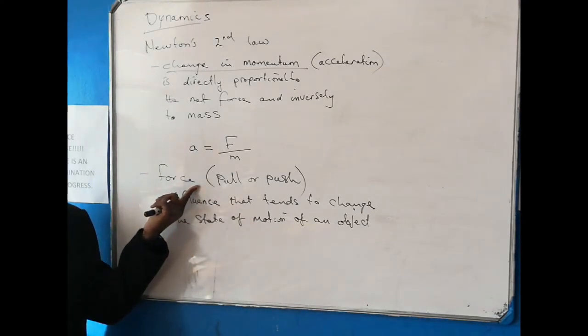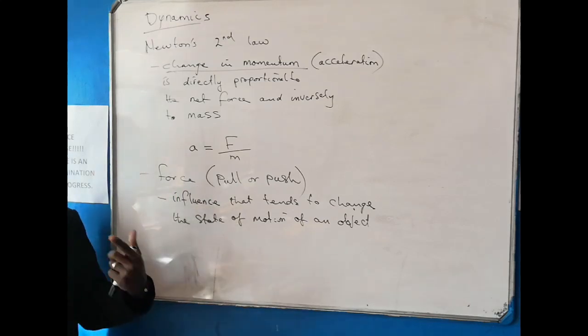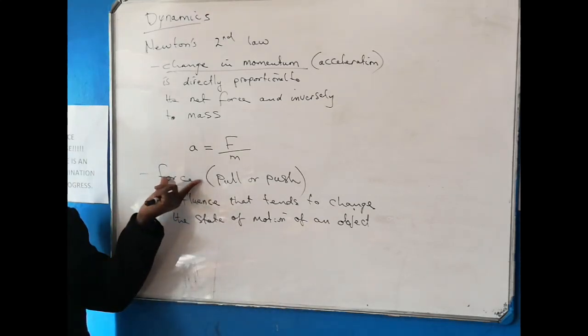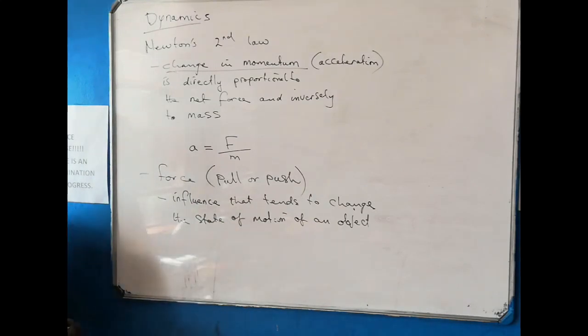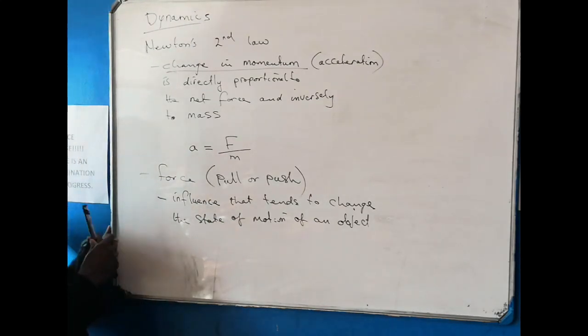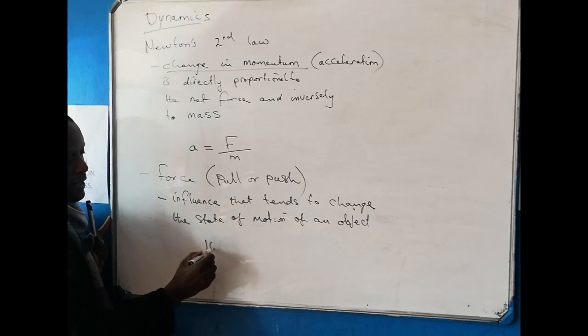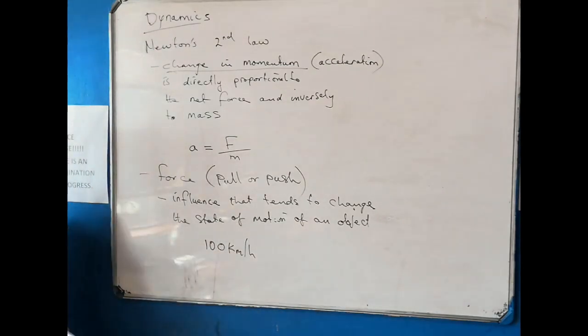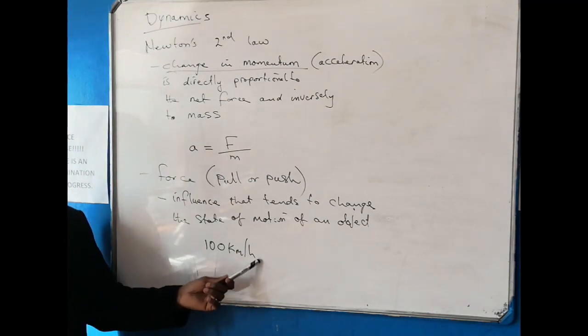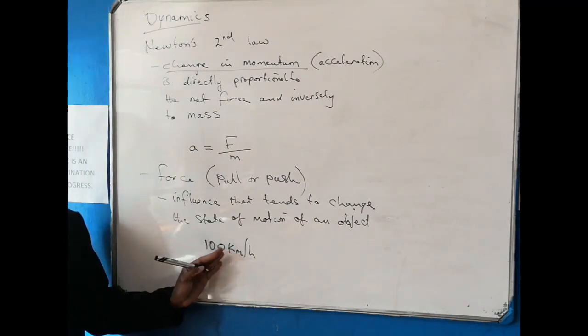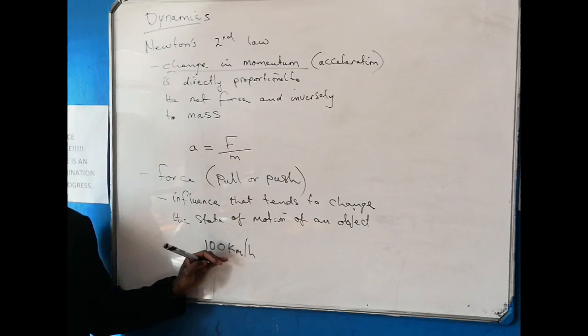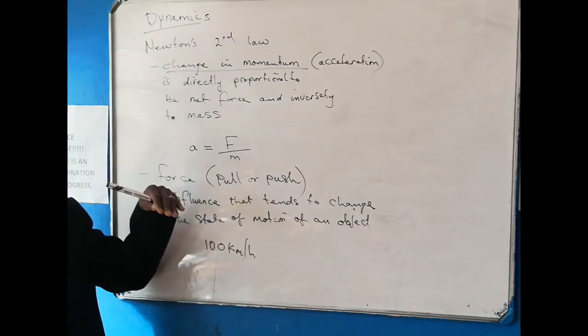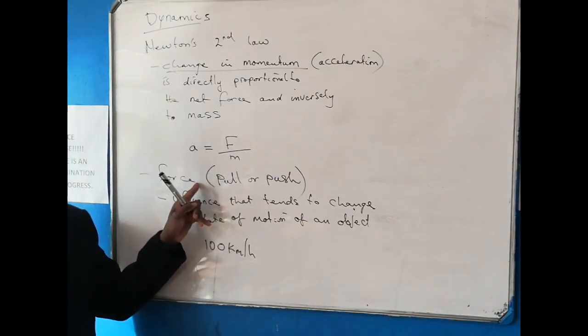Yesterday we were looking at torque, a rotational force. The engine produces a rotational force, the vehicle moves. Now, sometimes the vehicle can be moving at a velocity of 100 kilometers per hour. For it to change from 100 to maybe 120, there has to be a force.